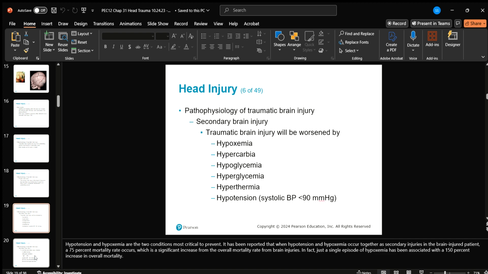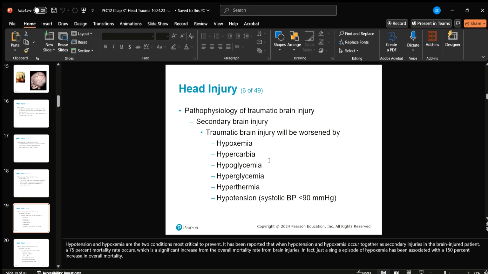So this is our H's. Okay, you may hear H's and T's. This is our H's that we go through: hypoxemia, hypercarbia, hypoglycemia, hyperglycemia, hyper and hypothermia, and then hypotension or hypertension. Hypoxemia is what? Not low blood pressure. Low, and then something with the blood. Low oxygen in the blood.